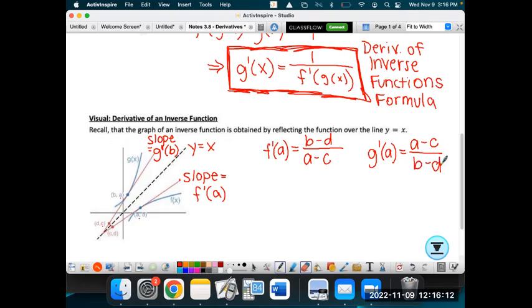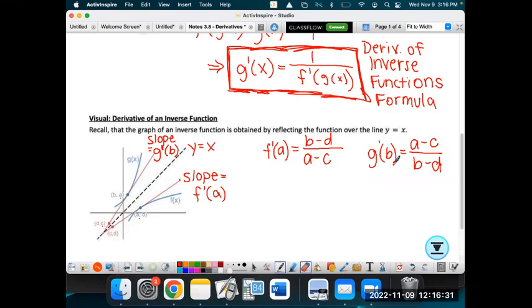I would prefer to have the blue dot minus the red dot, just so that I can be consistent. But if you do the red dot minus the blue, that is okay. Oh, I'm sorry, that's not g prime of A. I made a typo. G prime of B.